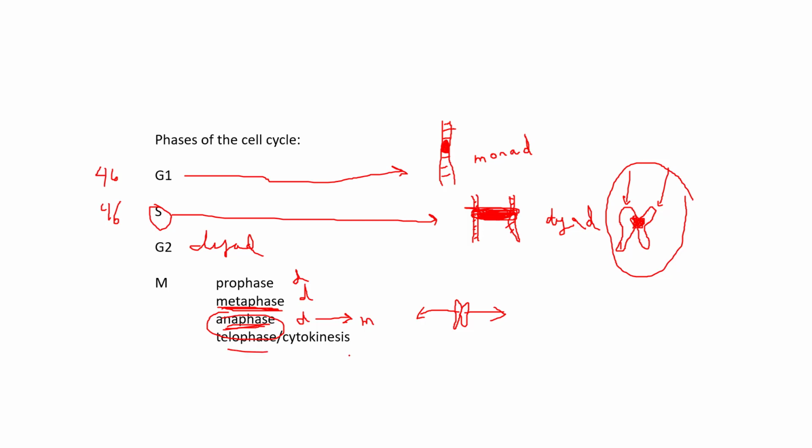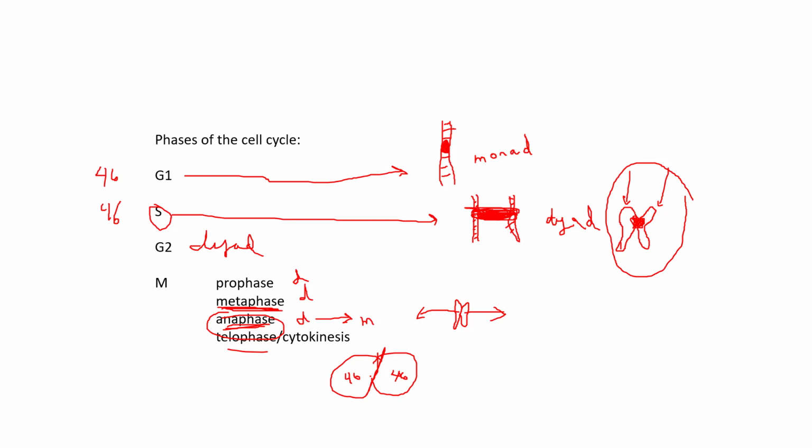And by telophase, if this was a human cell that was dividing, you would have 46 monads in the newly forming nucleus of this one daughter cell and 46 monads in the newly forming nucleus of this other daughter cell. And cytokinesis completes the split of the cytoplasm.